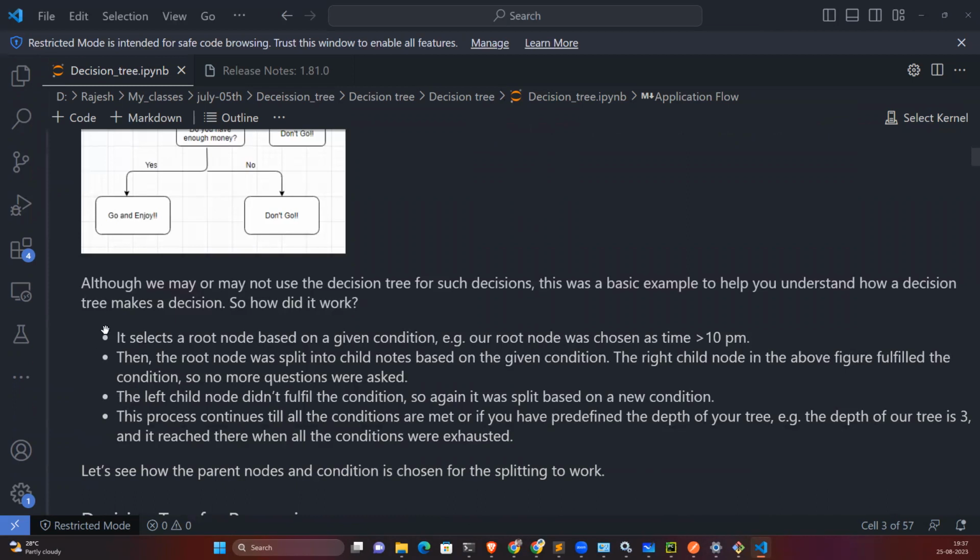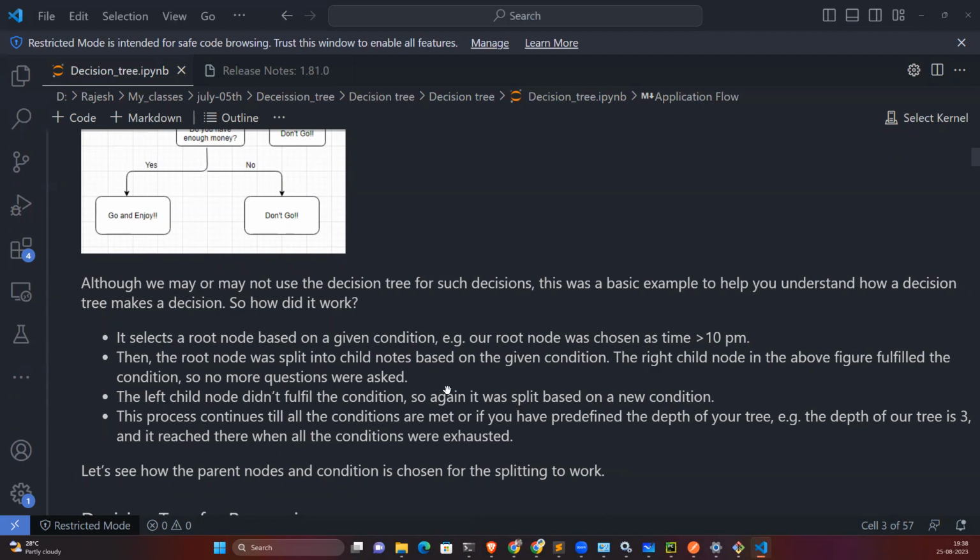Now, here are some points I have written. Although we may or may not use the decision tree for such a decision, this was a basic example to help you understand how the decision tree makes a decision. So how did it work? It selects a root node based on the given condition. For example, our root node was chosen as time more than 10 p.m. Then the root node was split into child nodes based on the given condition, and the right child node in the above figure fulfilled the condition, so no more questions were asked.